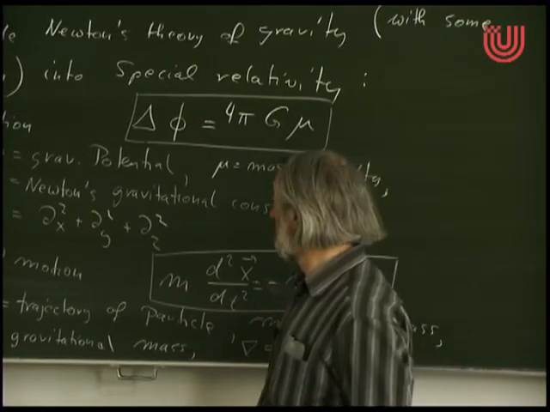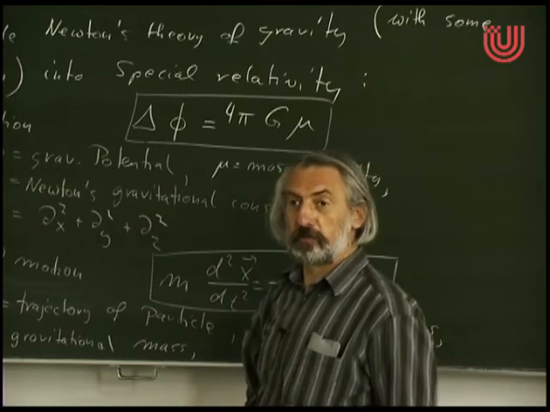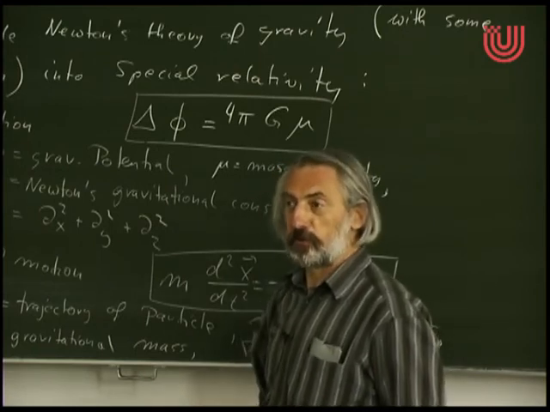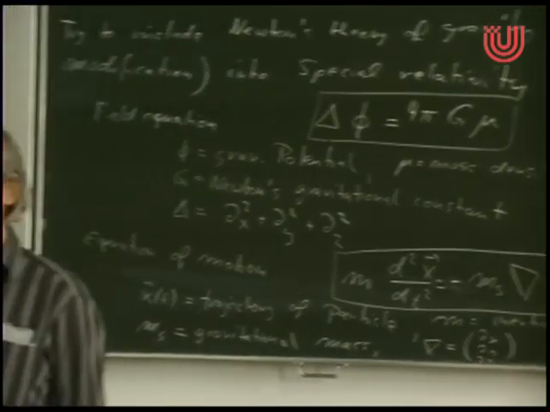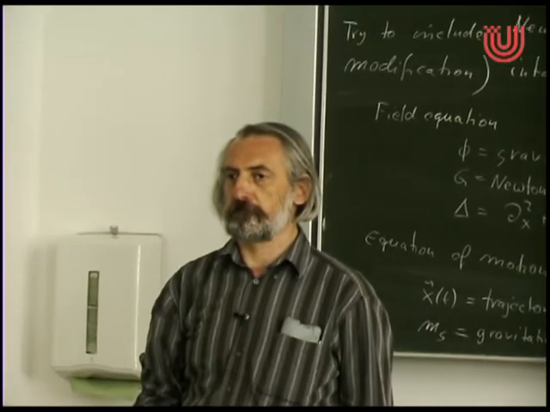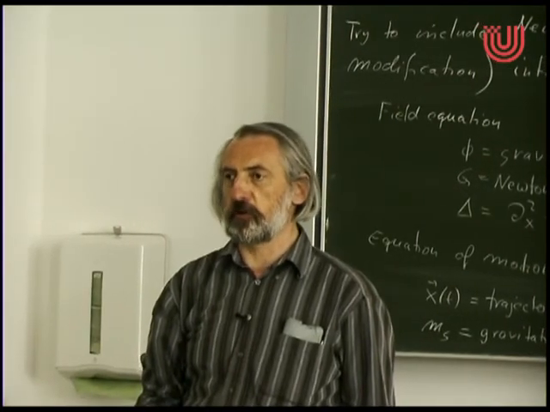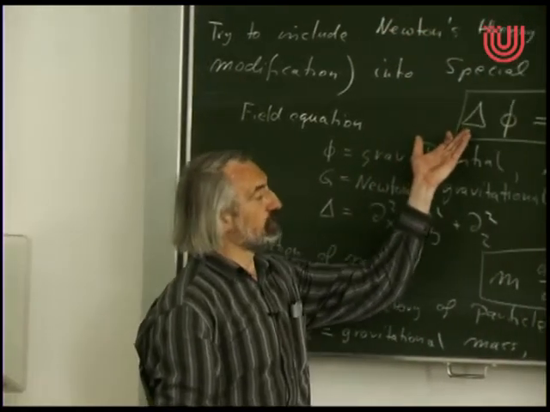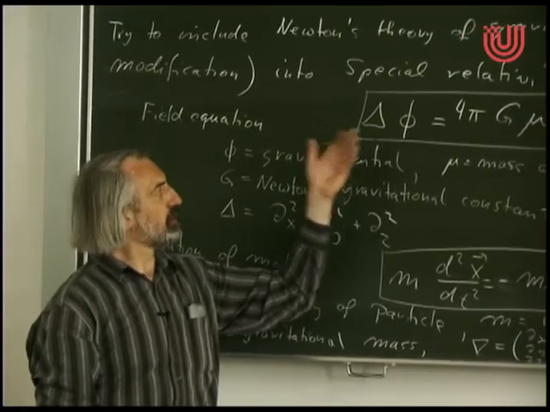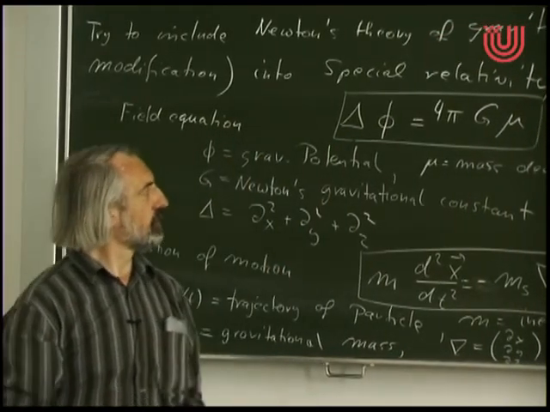There's an obvious modification of this operator so that it involves also time derivatives. What would this operator be? We had it already on the board. The wave operator. I think that's the first idea. If you start thinking about this problem, the first idea which comes to your mind is to replace this by a wave operator.